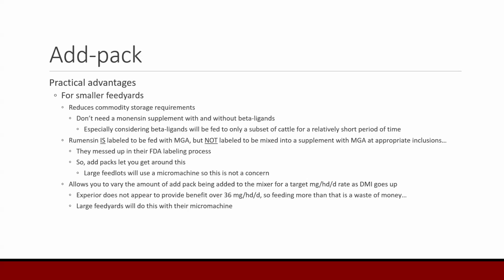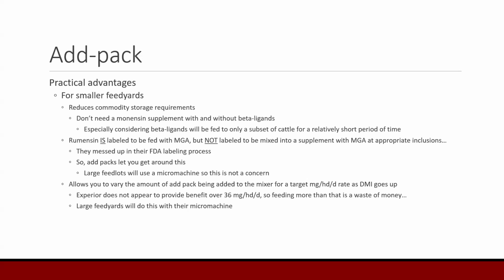Okay. Another example of its benefits is Rumensin is labeled to be fed with Heifermax. However, they messed up on their FDA approval so that in the type B medicated feed inclusions they put there, it ends up not delivering enough drug to be legal to feed the type C medicated.